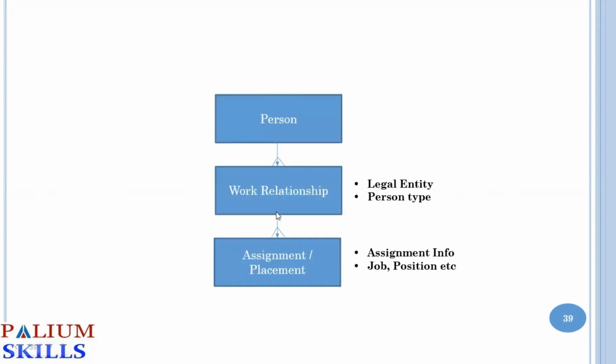That is called the work relationship. So a person is linked with a work relationship, which ties you to the legal entity and the person type. And then through the work relationship, you can have an assignment or placement.